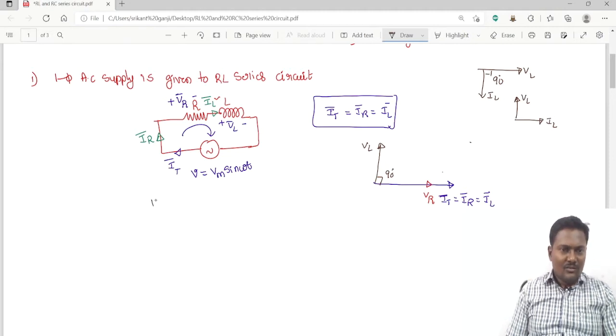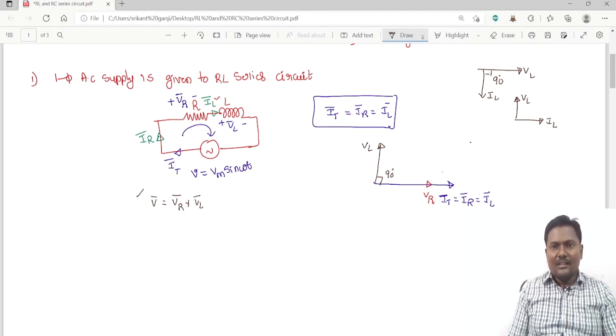Now V bar is equal to V_R bar plus V_L bar. By adding these two vectors using the parallelogram concept, we get the total voltage. Draw a line parallel to V_R, with length equal to V_R. Draw a line parallel to V_L, and by adding these two vectors, I get the total voltage V bar.